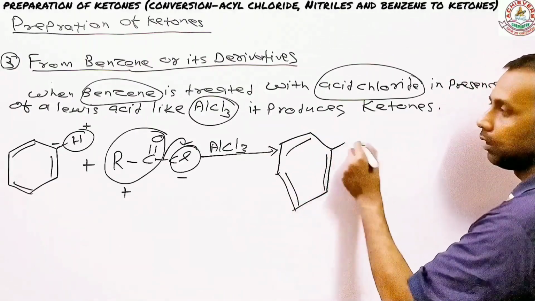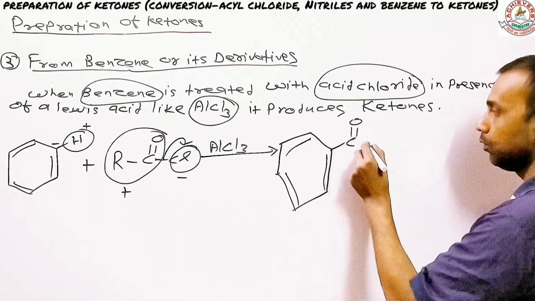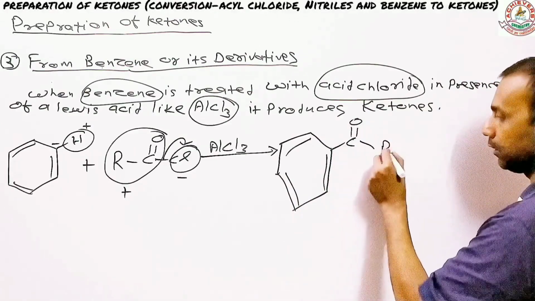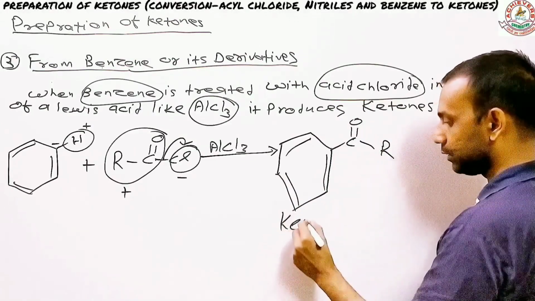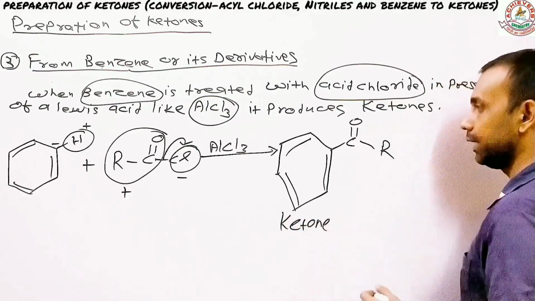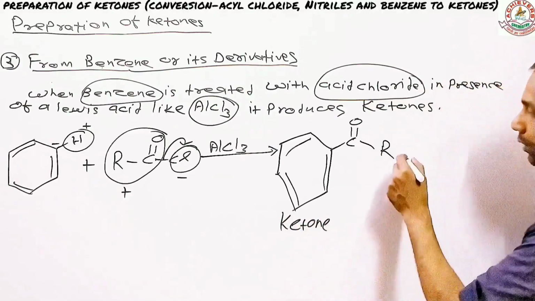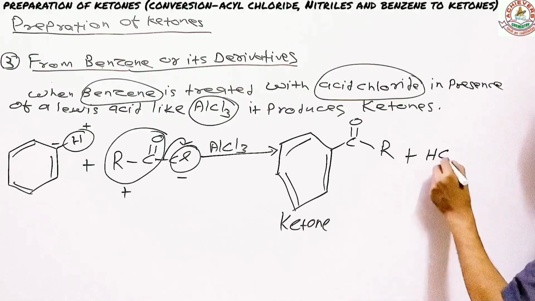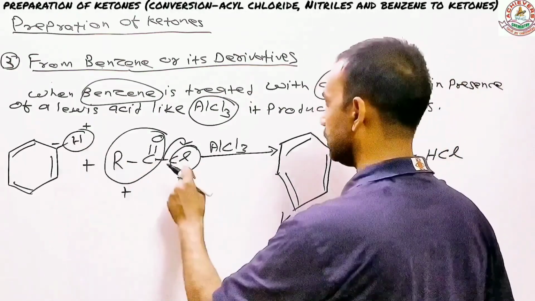So you have your C double bond O and then you have your R. This is your desired ketone. And in case you want to know the byproduct, it is going to be HCl, because that H will react with the Cl.